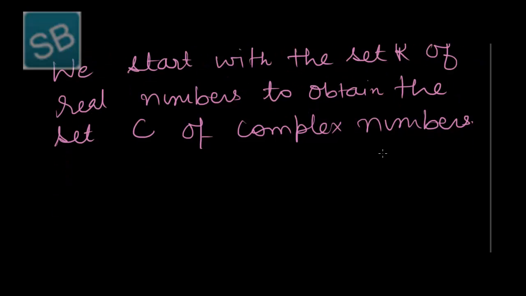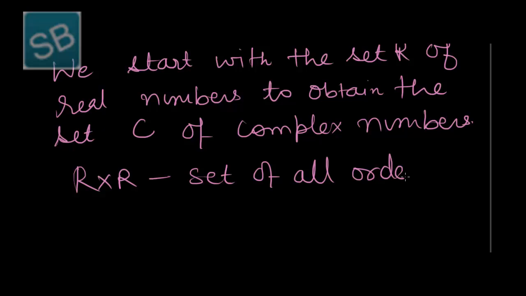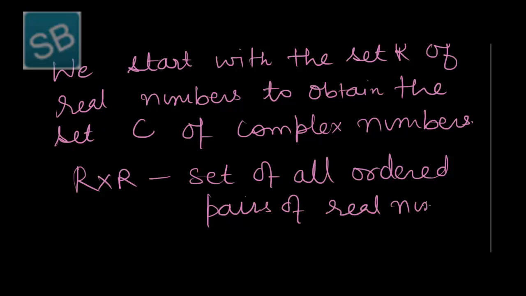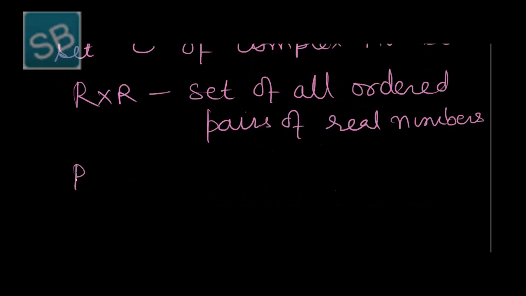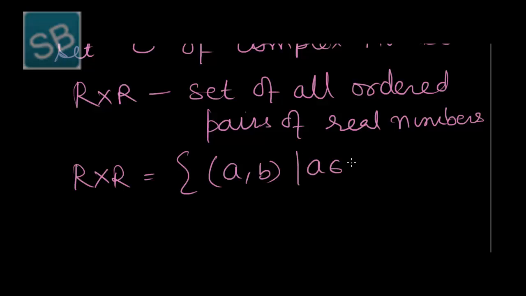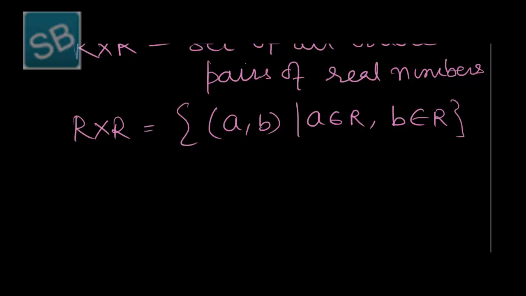So R cross R is the set of all ordered pairs of real numbers, and R cross R can be written as the ordered pair (a, b) such that a belongs to real number and b belongs to real number.